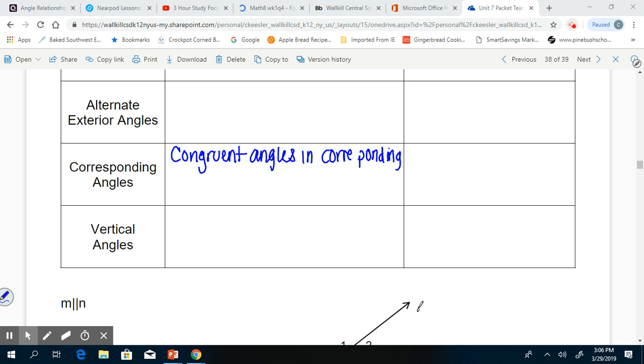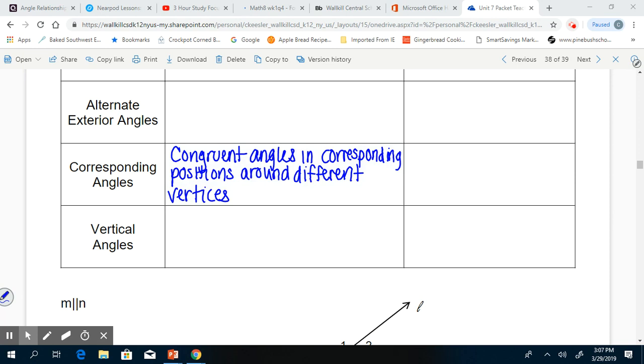That's not an I there, that's an S. Corresponding positions around different vertices. So corresponding means in the same position, but on a different point.